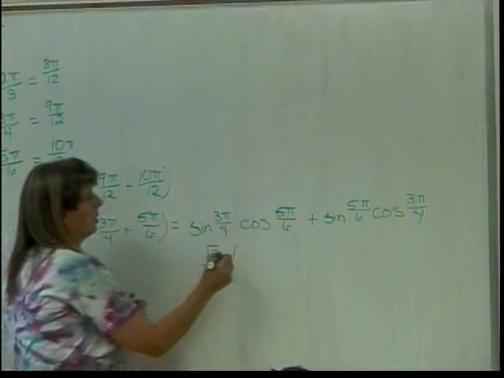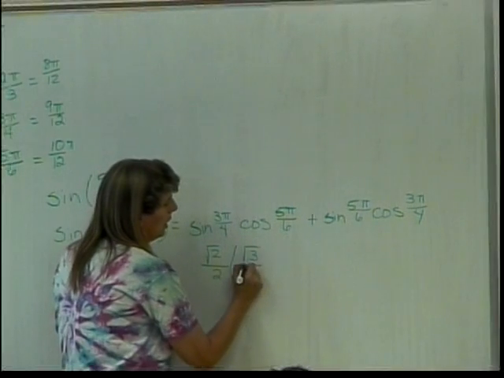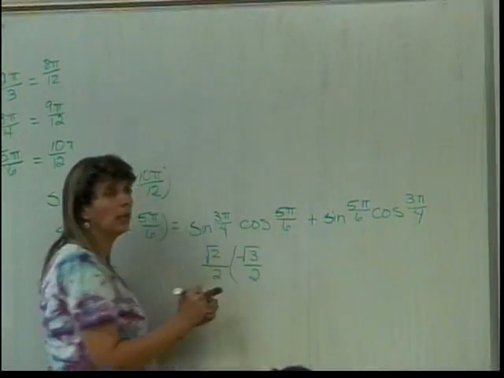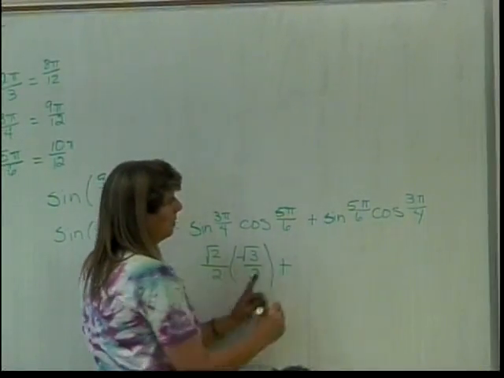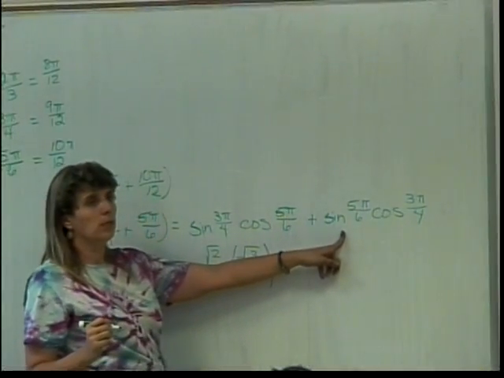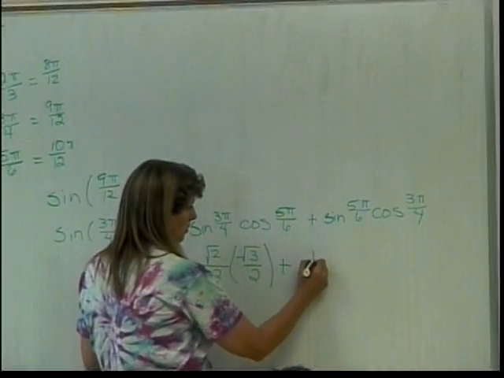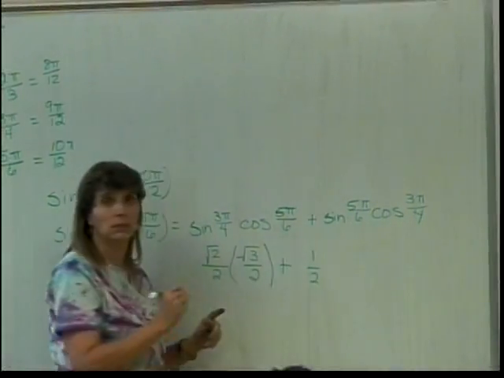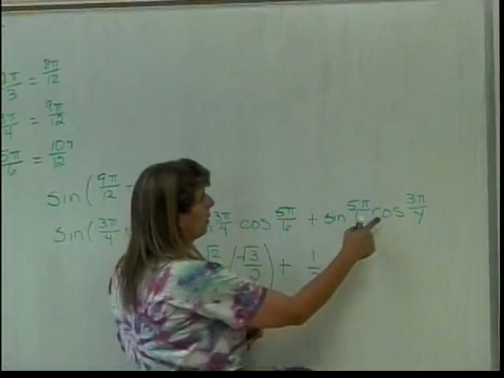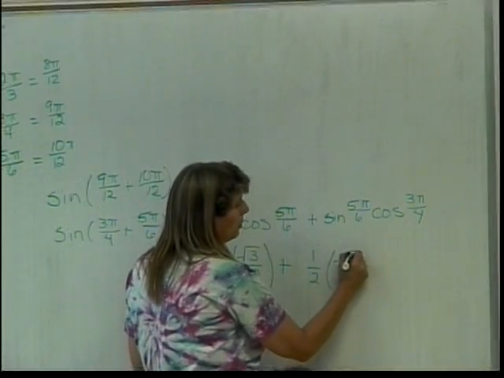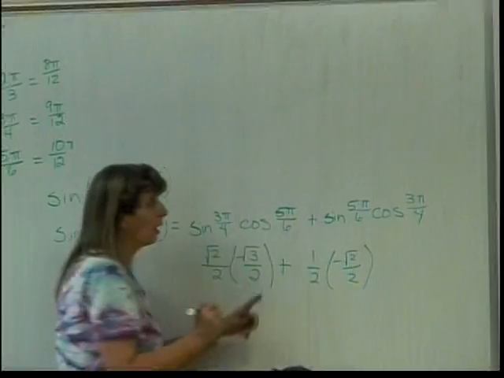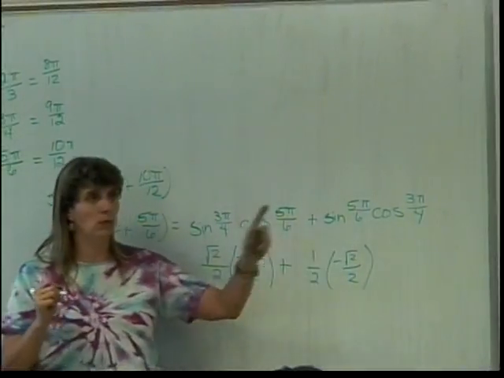Oh, yeah. Square root of 3 over 2, excuse me, and it's going to be negative because in quadrant 2 the cosine is negative. Then plus. Sine of 5 pi over 6, well, that must be the 1/2. Right? And the cosine of 3 pi over 4 is the negative square root of 2 over 2 because cosine is negative in quadrant 2.